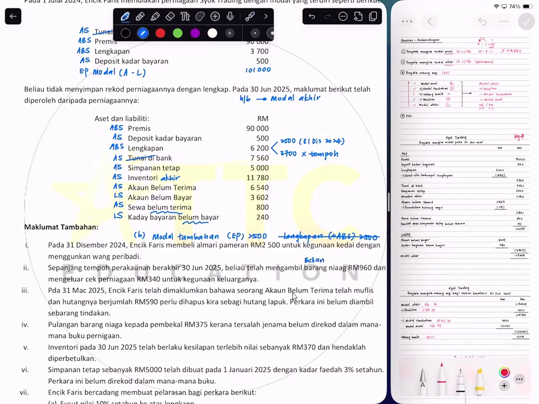You buy something, you spend money. Whenever spending, it will be belanja, right? And when you take out your barang niaga, your inventory should get less. Belanja gets less by 960. But do we need belanja for this question? Do we need to record hasil and belanja for kaedah berbandingan? Do we need that?